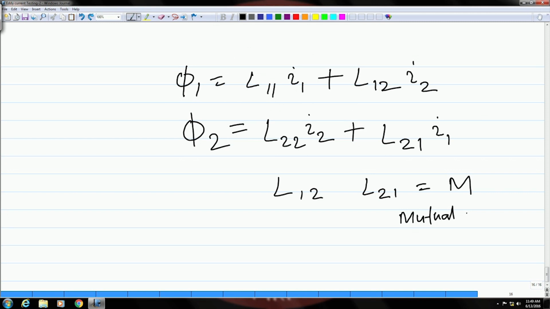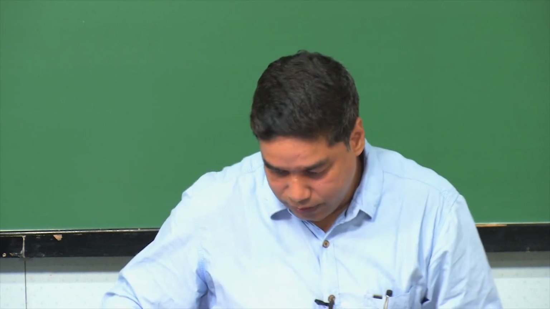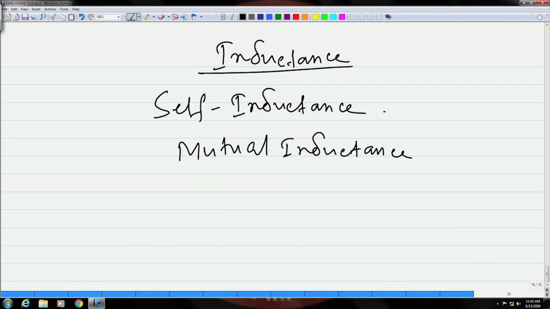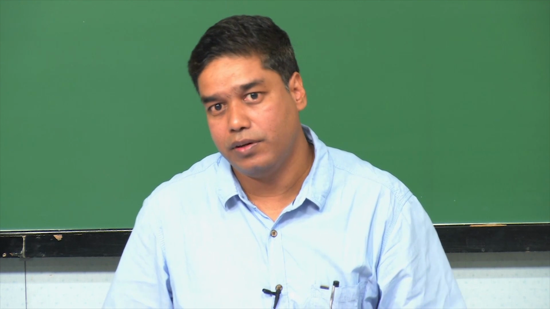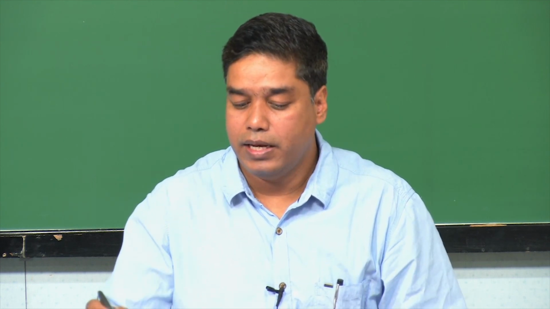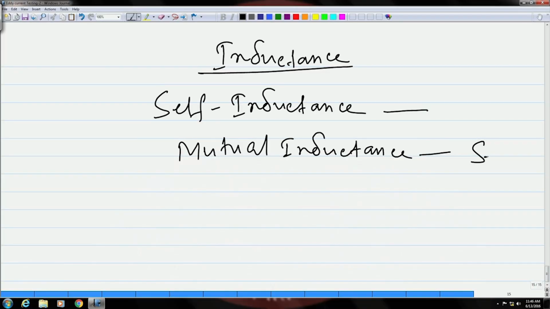Self inductance is when it is in the same circuit, when you see the change in the voltage due to inductance in the same circuit or in the same conductor, then it will be self inductance, whereas in case of mutual inductance there will be a second conductor. Okay, so, in this fashion.